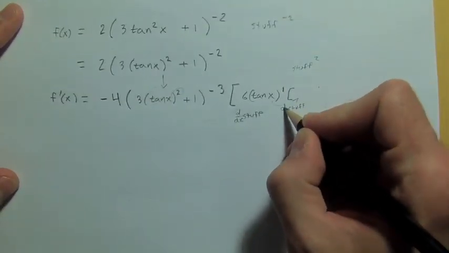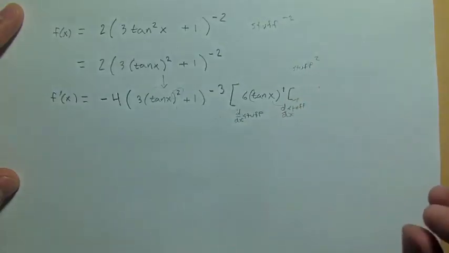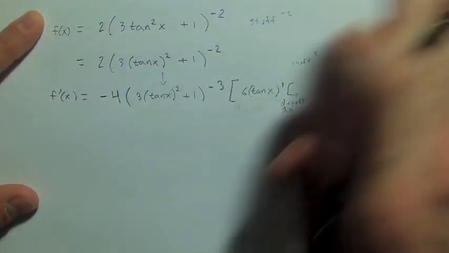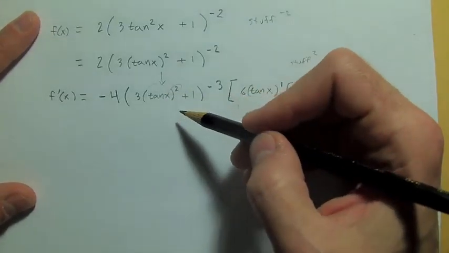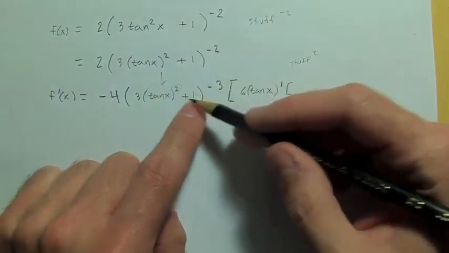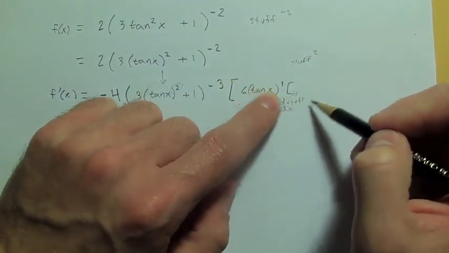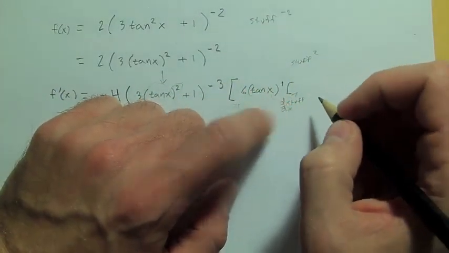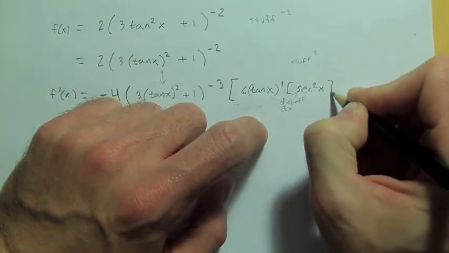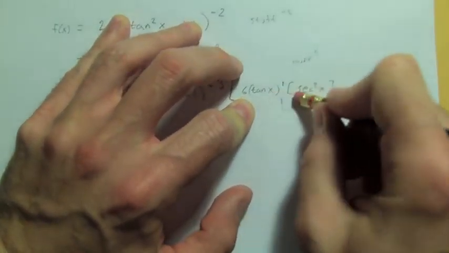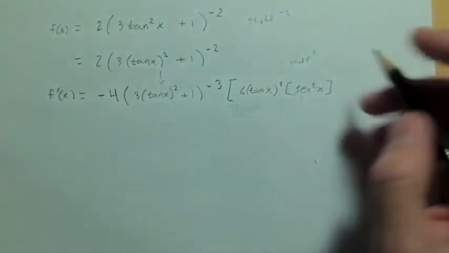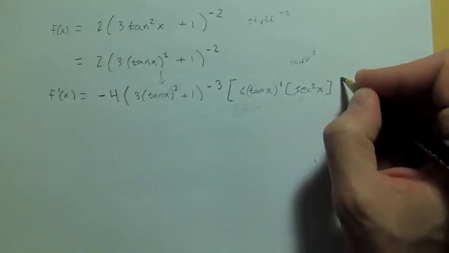Because this is the stuff squared that we're dealing with. So we're dealing with that inner chain rule. So this was stuff squared, so it's 2, with the 2 down, raise it to the 1, and it's the derivative of the stuff, and the derivative of tangent is secant squared x. And that should be it, because we've exhausted all of our functions except for that plus 0 there.